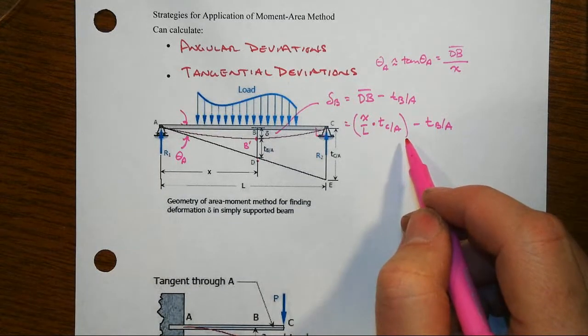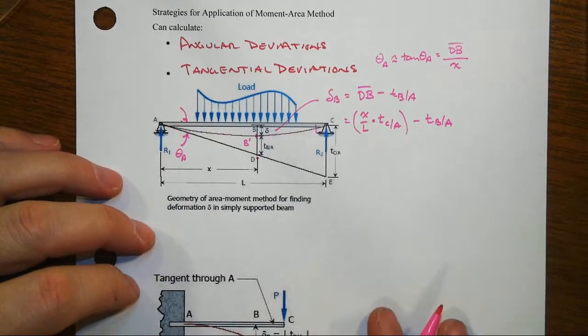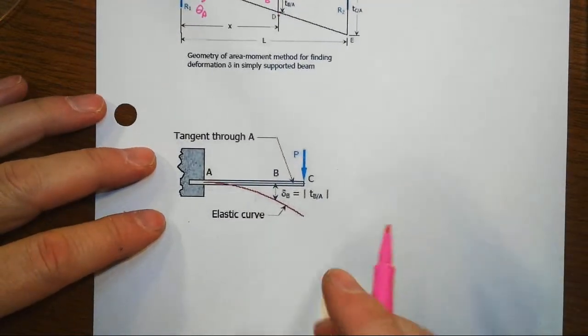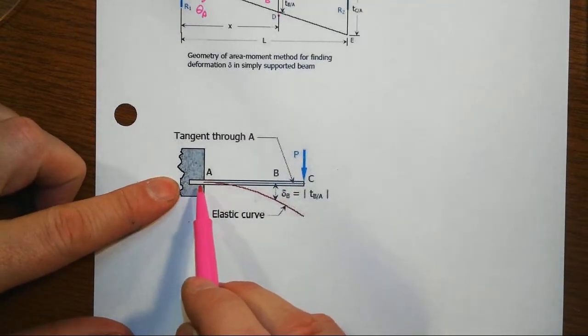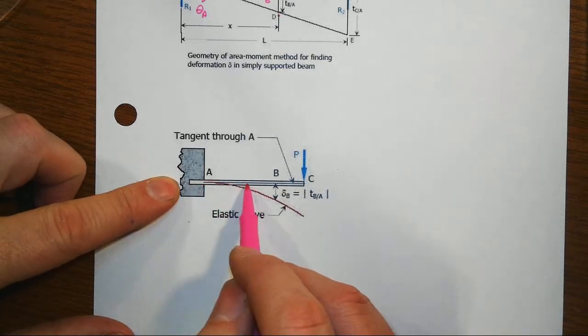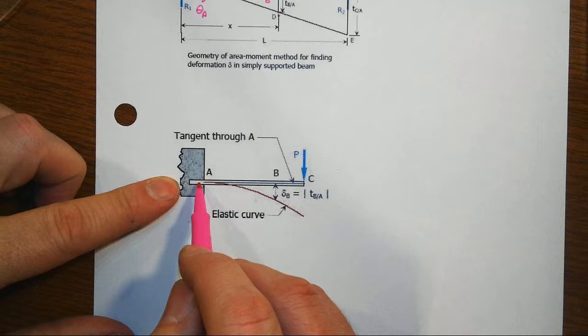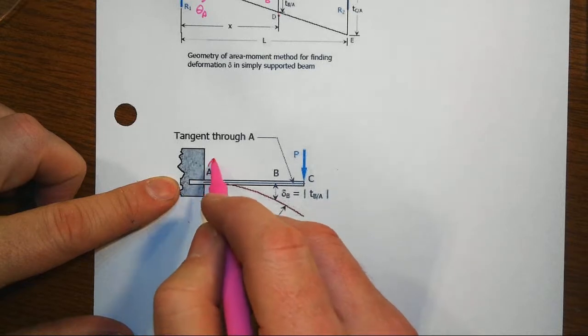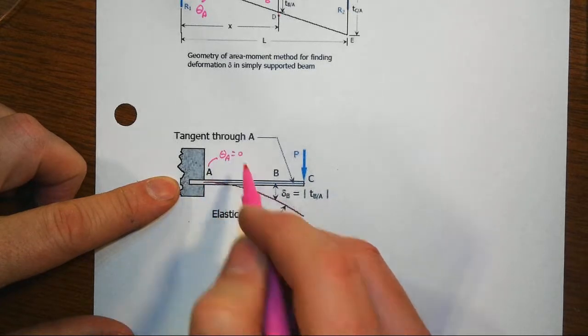It's not as straightforward as it is in the other basic situation that we've got, which is a cantilever or fixed situation, where here when we draw the tangent to the elastic deflected shape way back here at A, well, theta A itself is equal to 0.